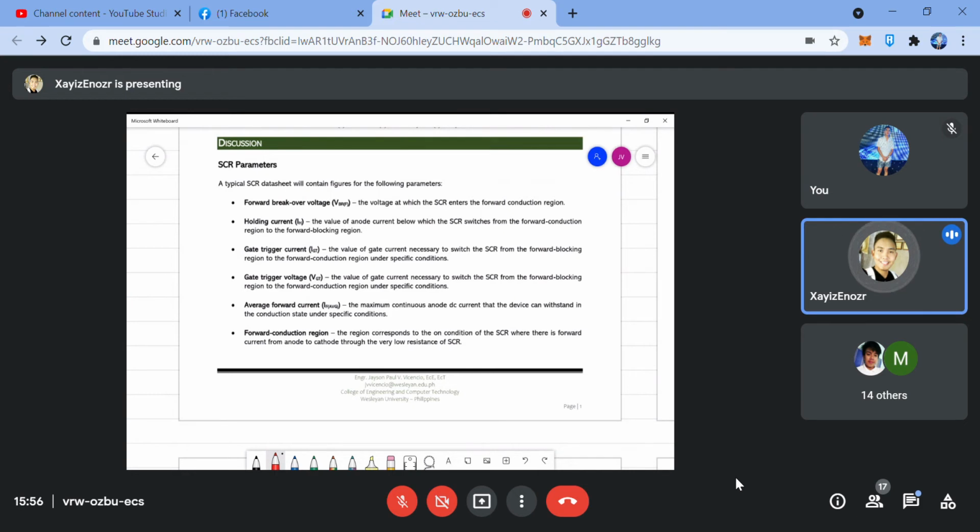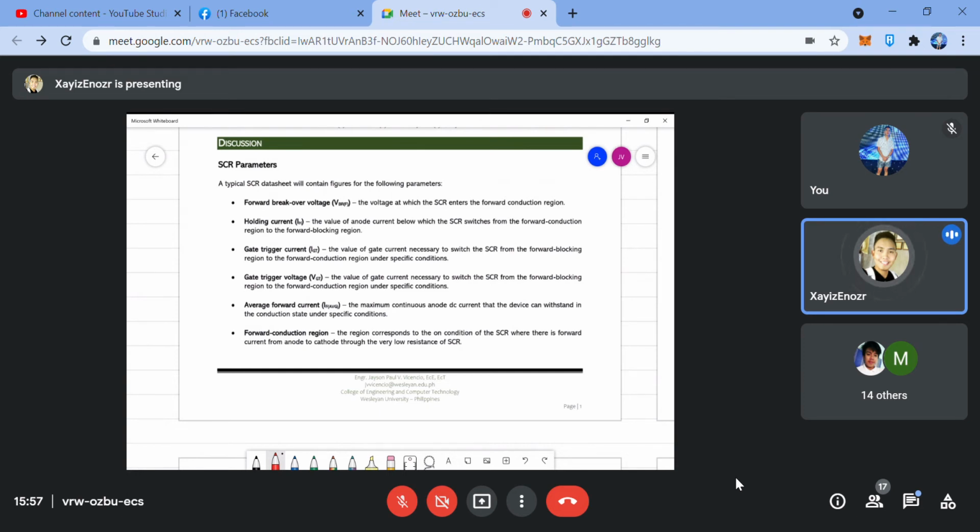So dito, pag sinabing forward breakover voltage, itong voltage ito yung amount ng voltage kung saan yung SCR is mag-forward siya or mag-go-on. Okay? Ibig sabihin, ito yung voltage para makapag-on natin yung isang SCR.